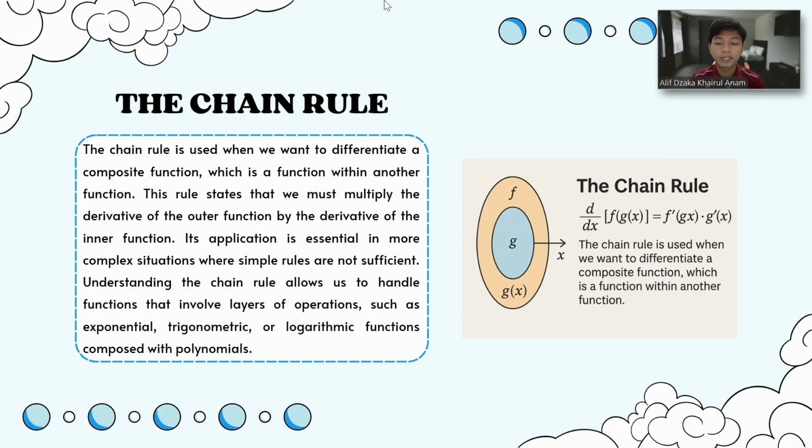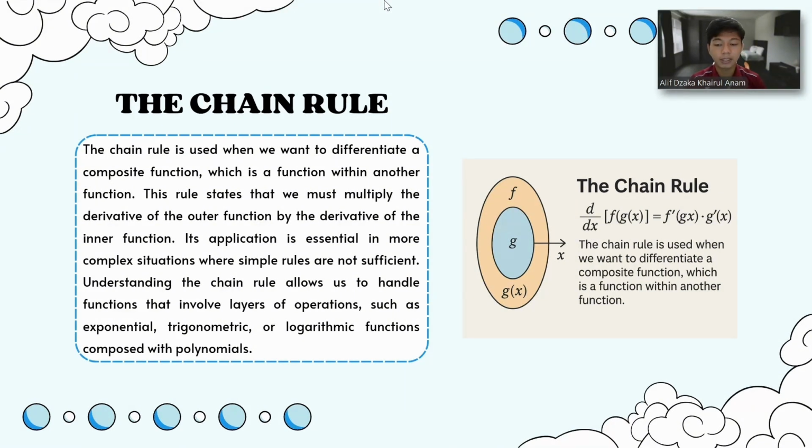Next, we have the chain rule. The chain rule is used when we want to differentiate a composite function, which is a function within another function. This rule states that we must multiply the derivative of the outer function by the derivative of the inner function.